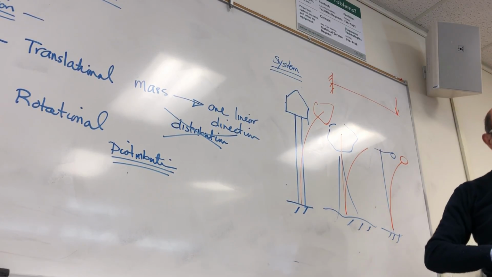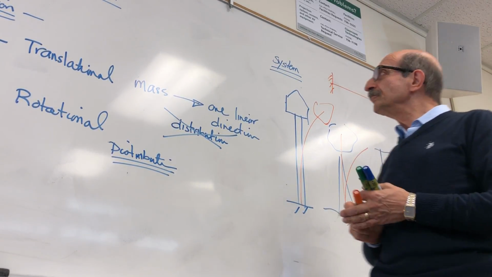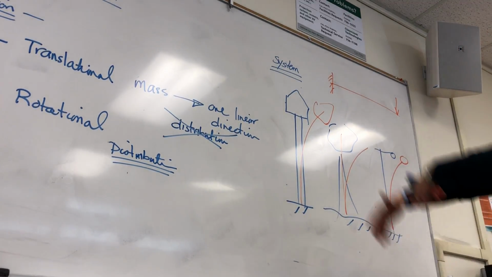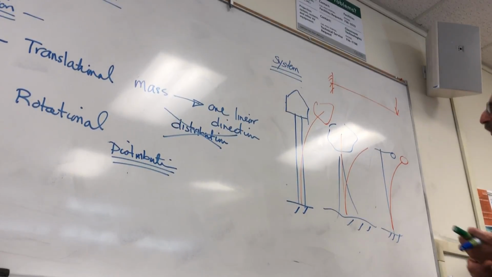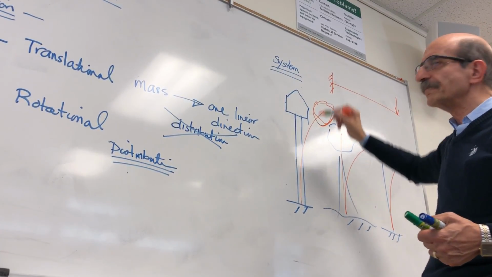So is it reasonable that we assume that since this has a mass and it is moving, the reason it is moving this way is that the dominant inertia of this system is basically right here?